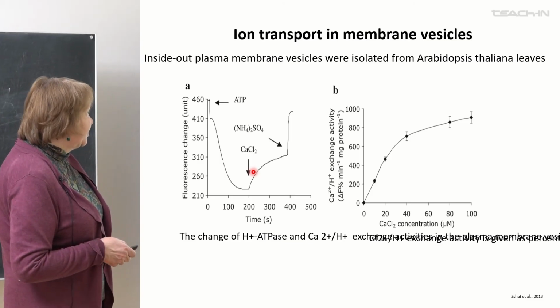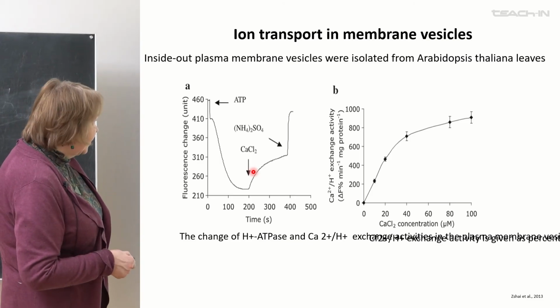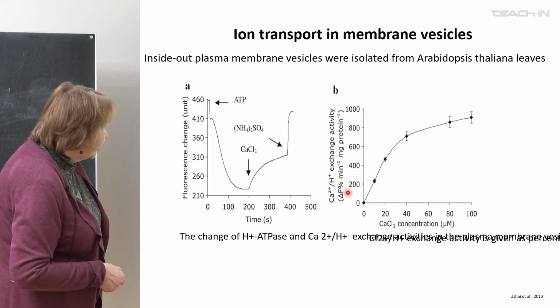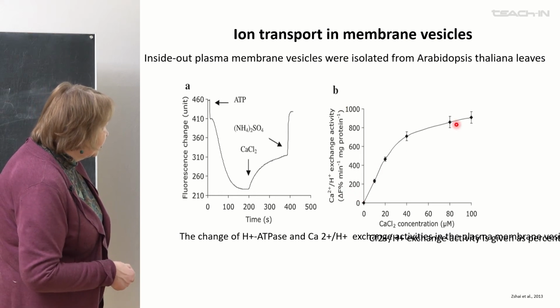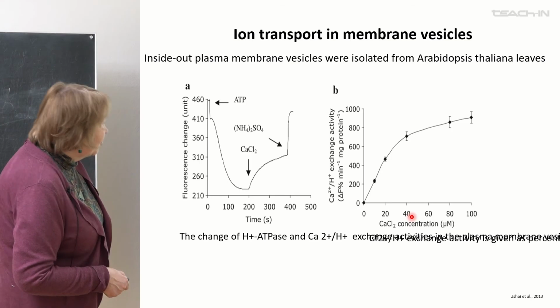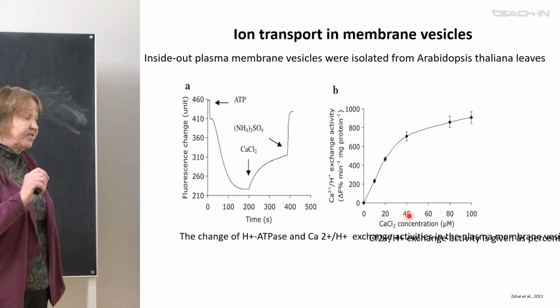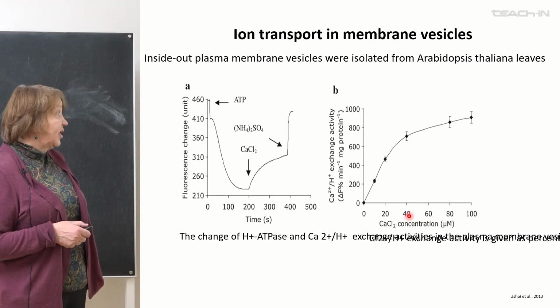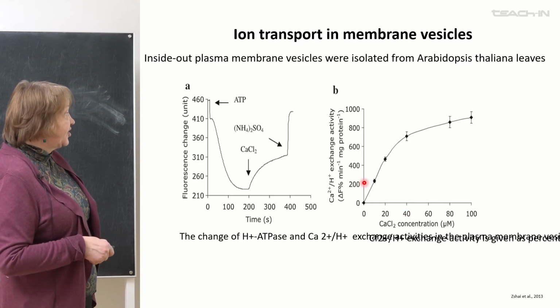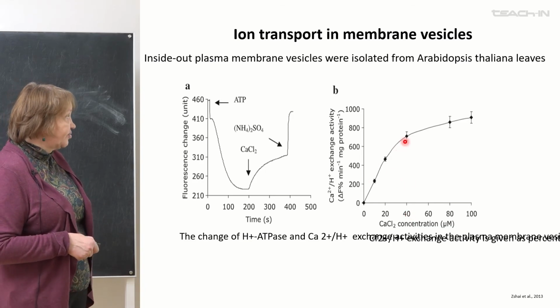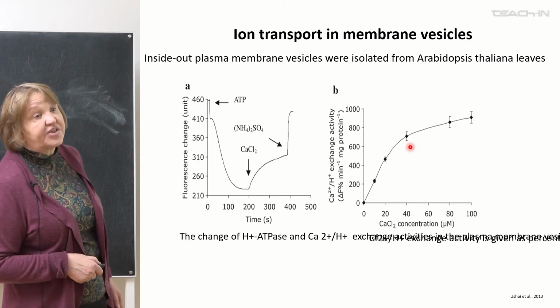And this is basically calcium proton exchange activity, and they show that up to about 40 micromolar, which is a very high concentration, it's pretty much a linear dependence of calcium concentration to this exchange activity.